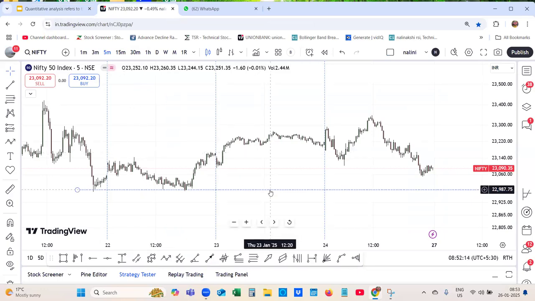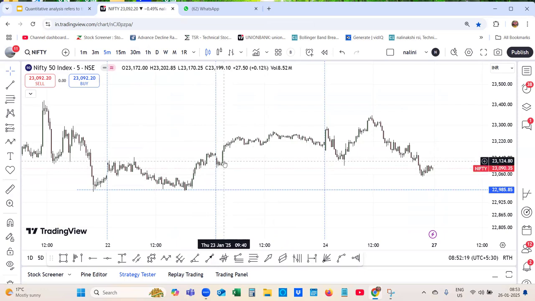Here, see, for example, if every 15 minutes or every hour the price closes, you will get some reading of the closing price.